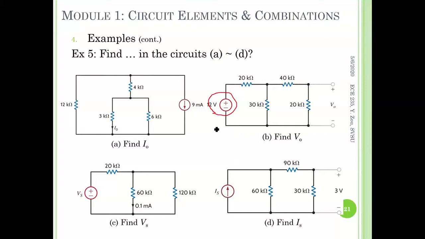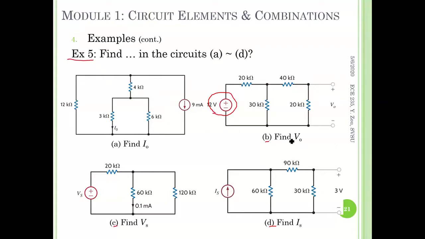If you have one independent source and one or more dependent sources, you can't do that either. Okay, it must be one single independent source, and then you might think of current or voltage dividers. This is also the case for circuit B here, also C and D. So pretty much example 5 is all about the voltage or current divider.